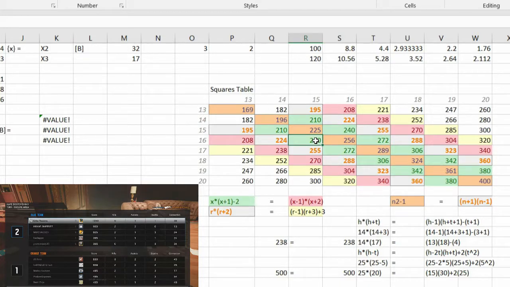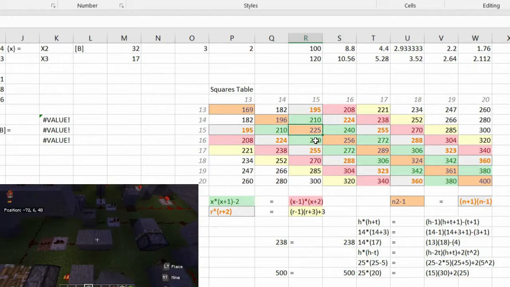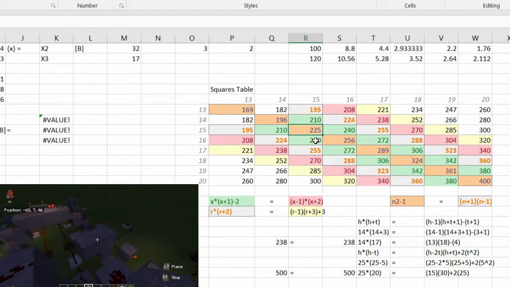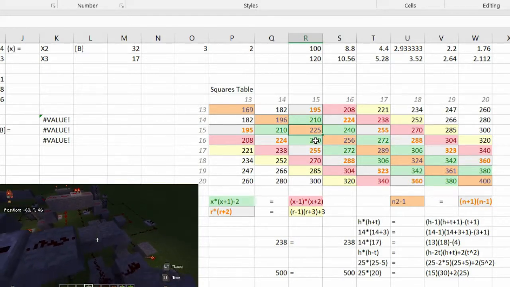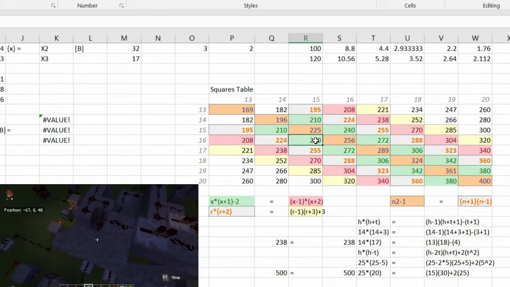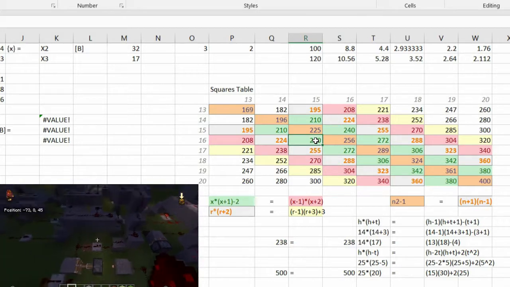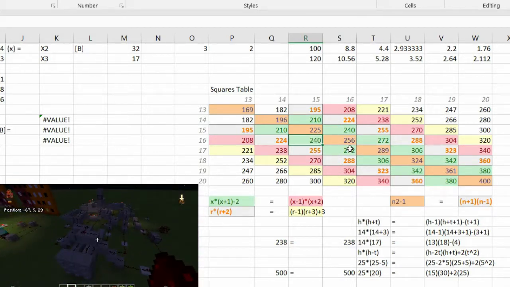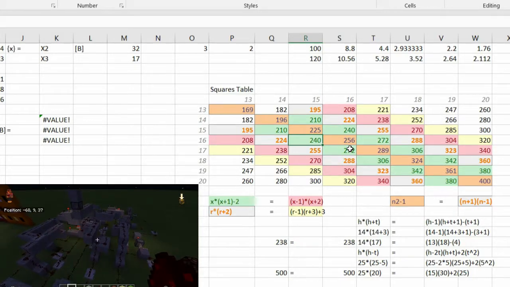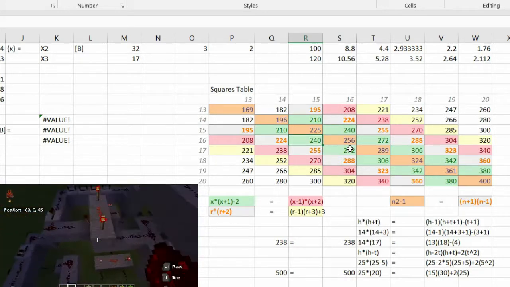So 15 times 16 is this green number right here, which is 240. Subtract this by 2. That would be 238.